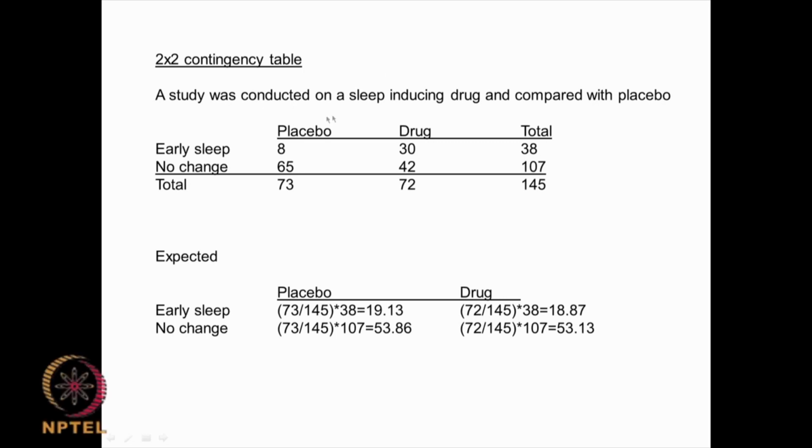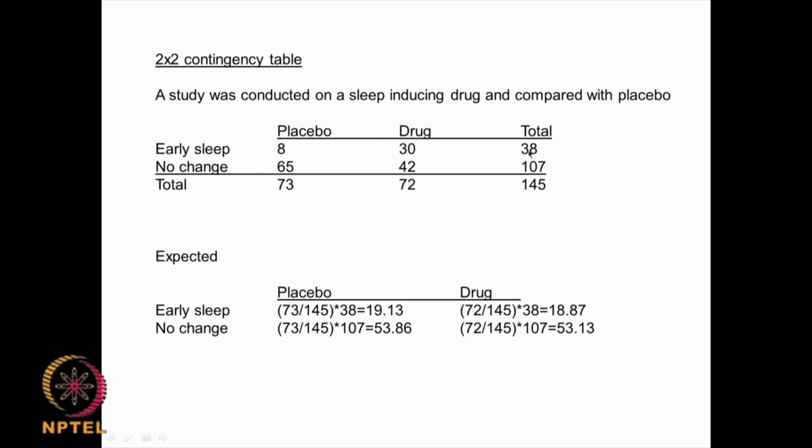Whoever took placebo, 8 of them said they slept early and 65 of them said there is no change. 30 of the people who took drug said they slept early, 42 of the people who took drug said there is no change. So, we have this type of situation.